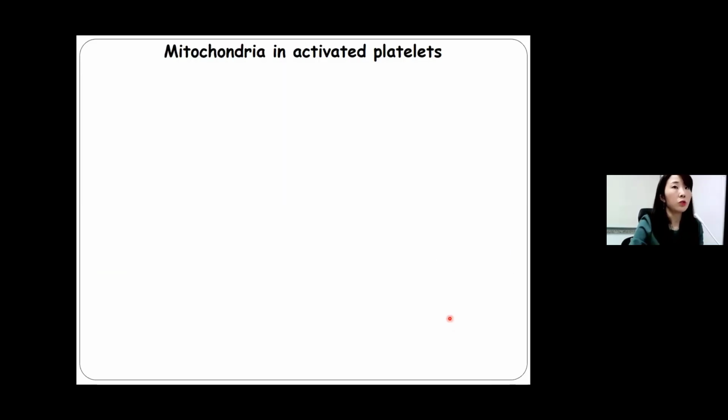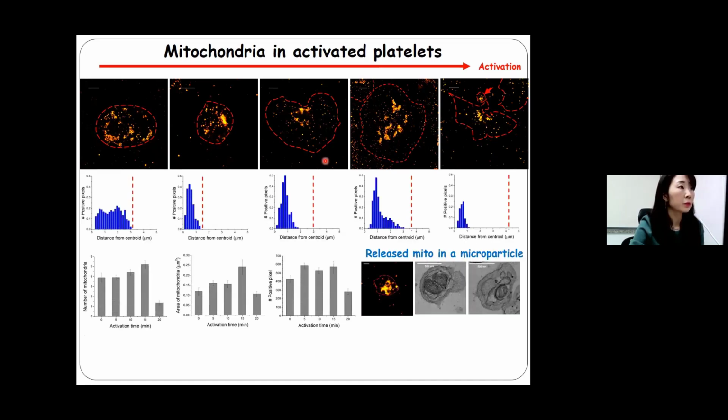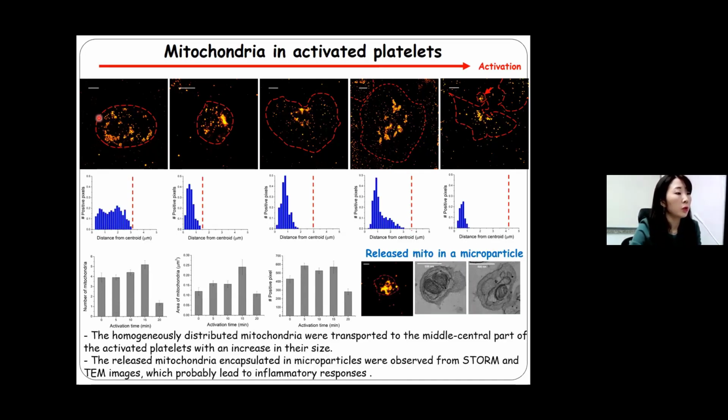To find them, we took STORM imaging for various organelles. First of all, we took STORM imaging for the mitochondria. And interestingly, we could observe that these homogeneously distributed mitochondria are transported to the middle central part of the activated platelet with increased size and number.